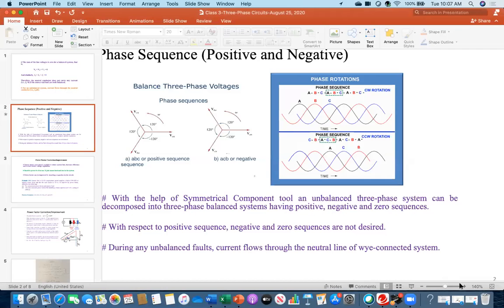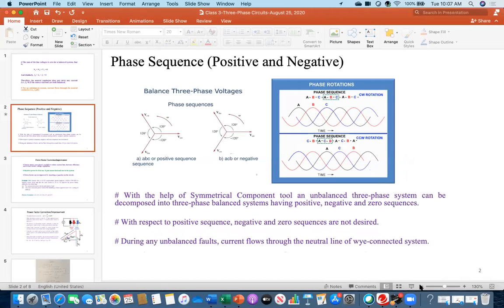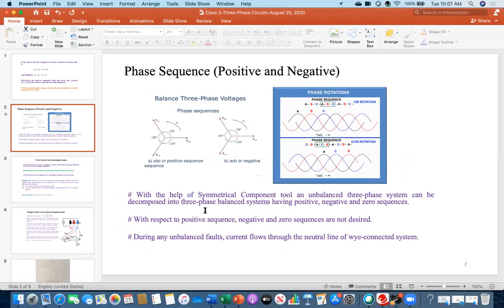Okay, so everybody see, we were discussing this one. So now a couple of things. With the help of the symmetrical component tool, an unbalanced three-phase system can be decomposed into three-phase balanced systems having positive, negative, and zero sequence. Now, these are the definitions. You see, I have written here balanced three-phase voltage.